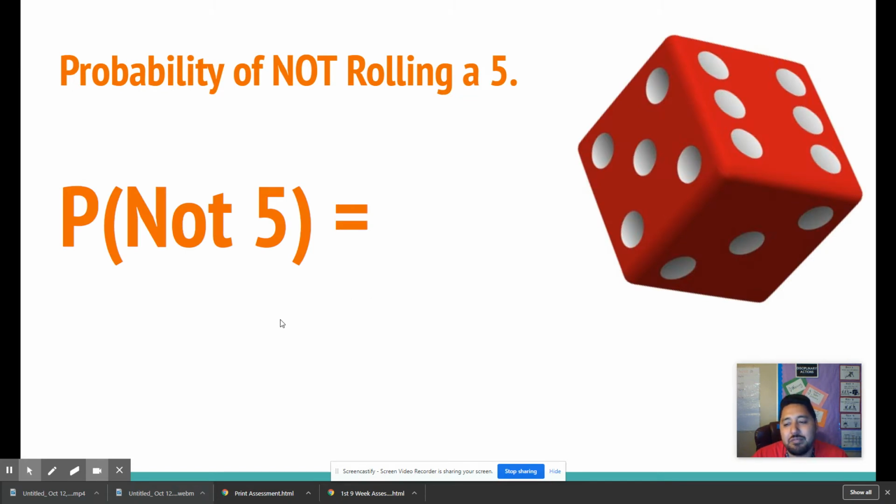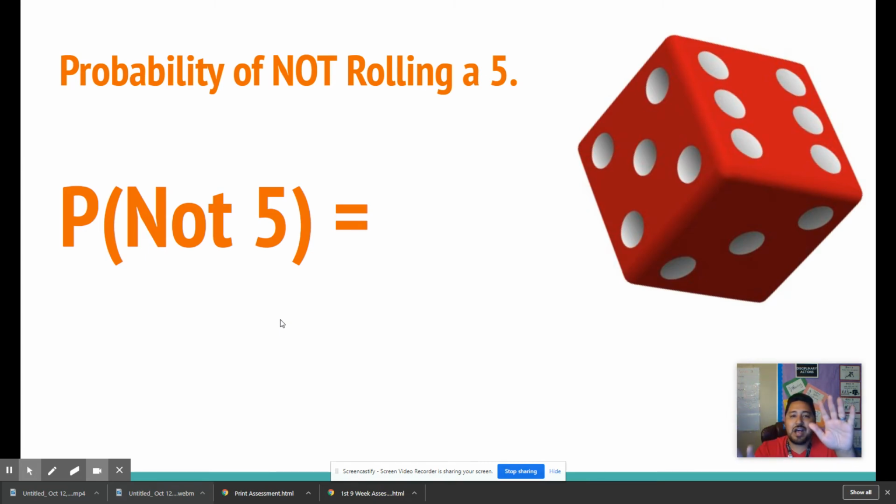Now let's look at the probability of its complement. So the complement of rolling a 5 is not rolling a 5. Complement, okay? It's not, hey, you look very nice today, compliment. This complement means when you complement somebody, that means that y'all are opposites, that whatever they don't have, you have.